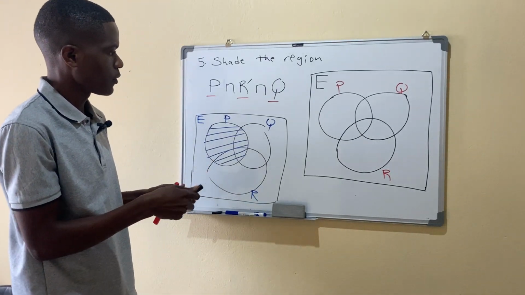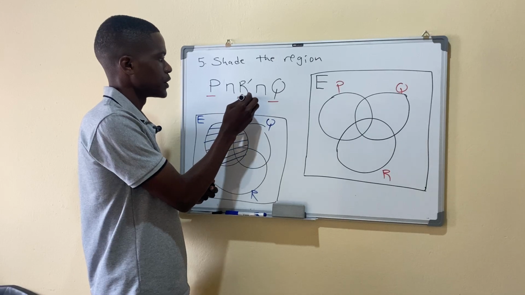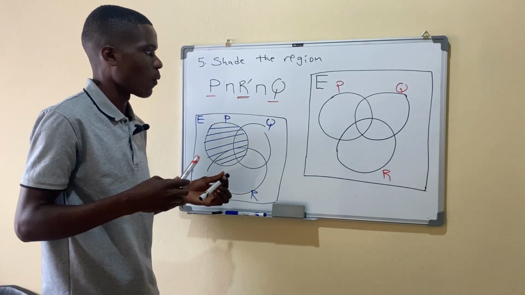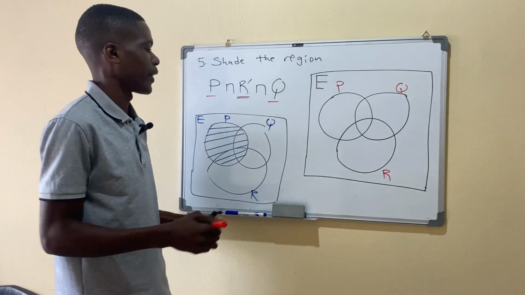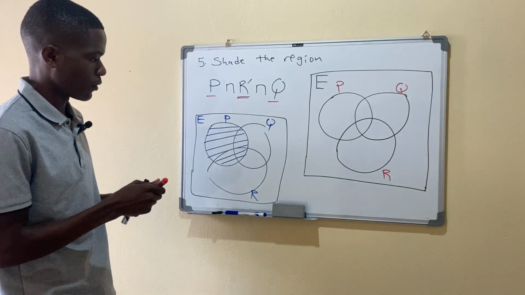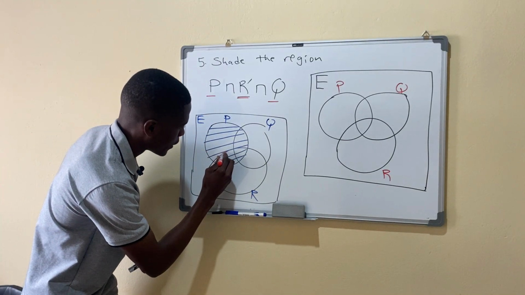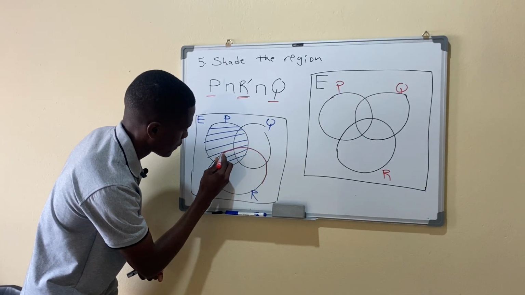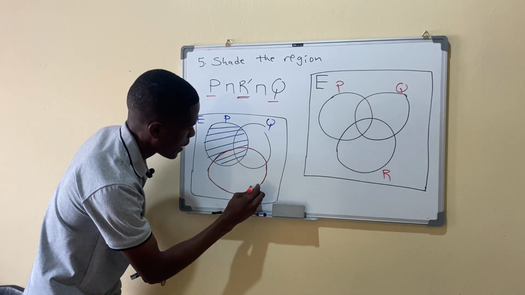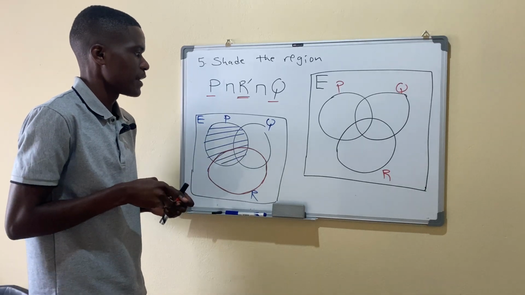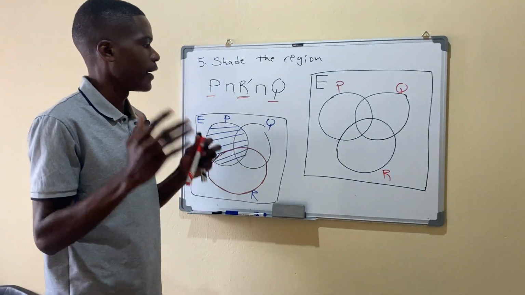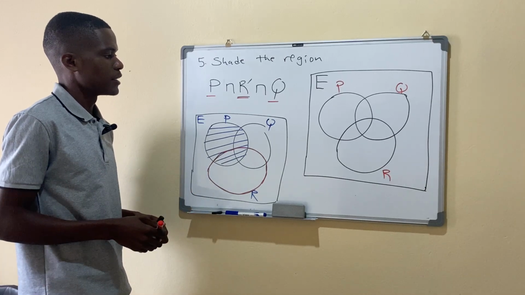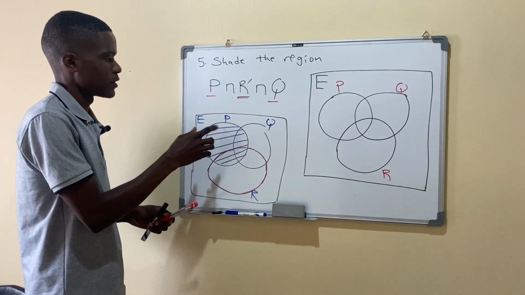Now for the next one, we're going to shade R complement. Now R complement implies what is outside R. Now where is R first of all? So if we try to identify where R is, this is R. Okay. So now R complement implies everything outside R. So let's shade outside R, and it includes what is even outside all the sets.